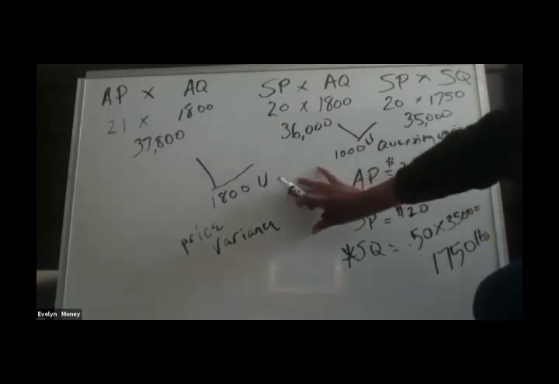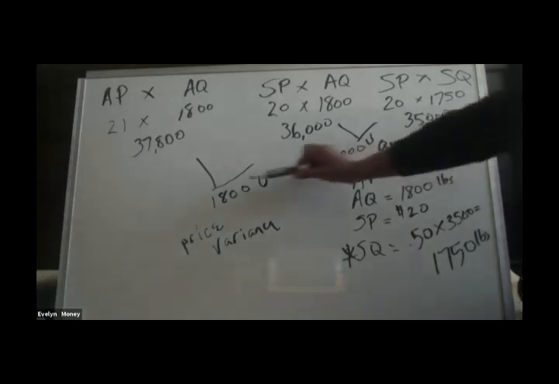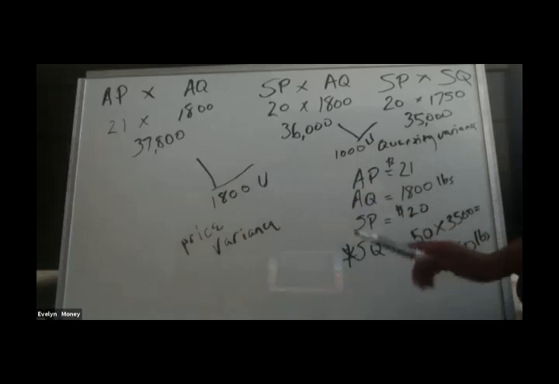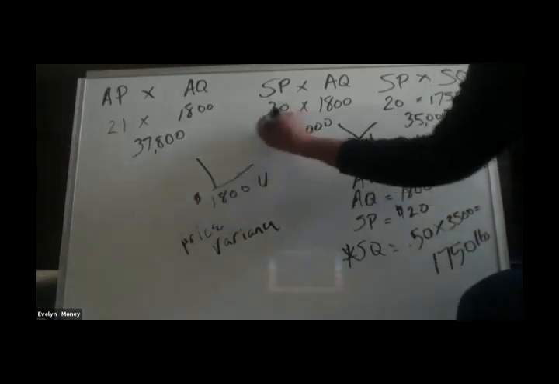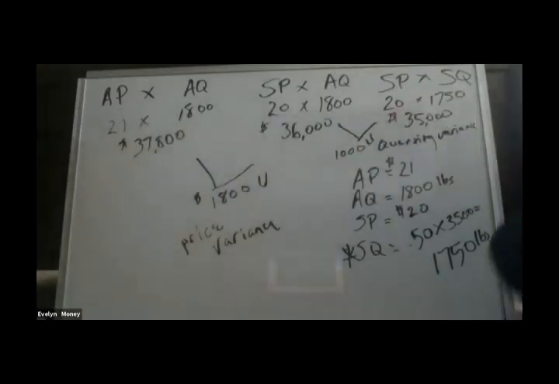So now let's take a step back and look at this using our common sense perspective. Because we calculated the price variance, which means we paid too much per pound. We paid more per pound than what we planned to. So when all this is done, these are all dollar figures once we multiply out here.